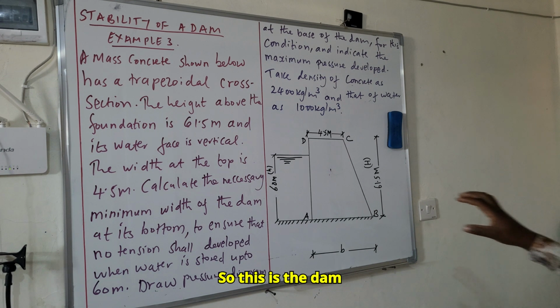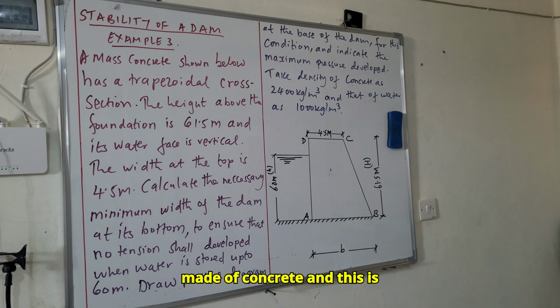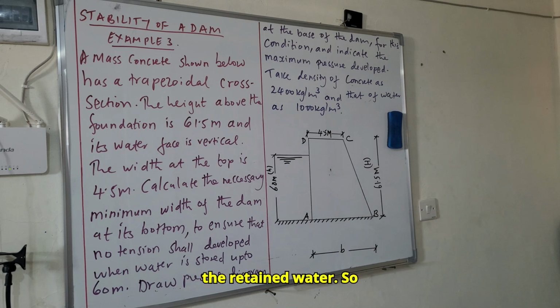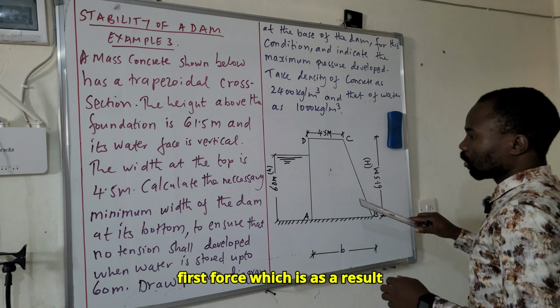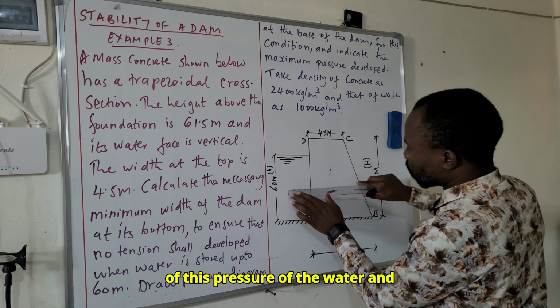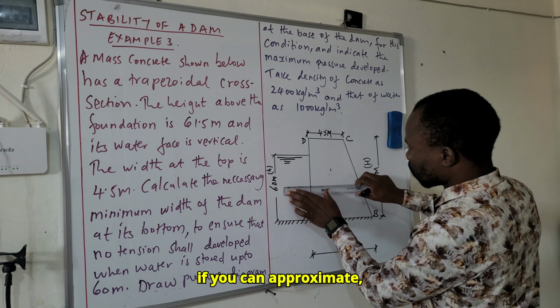So this is the dam made of concrete and this is the retained water. Before you can begin calculating the stability of this dam, the first thing to do is to indicate the forces exerted on the dam. We have the first force, which is a result of the pressure of the water.